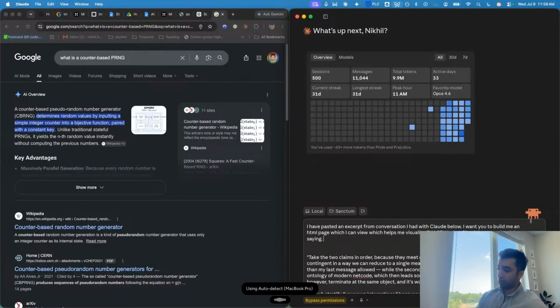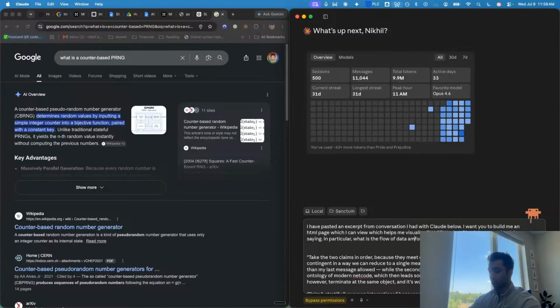In particular, what is the flow for a multiplayer game? What is the flow of data amongst host and client for a multiplayer game? I want you to represent the host as some shape.